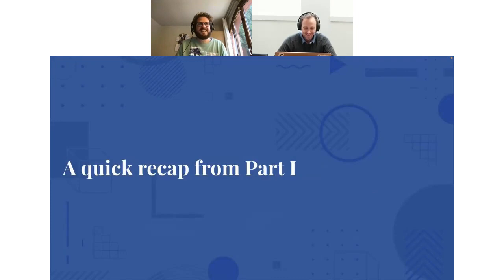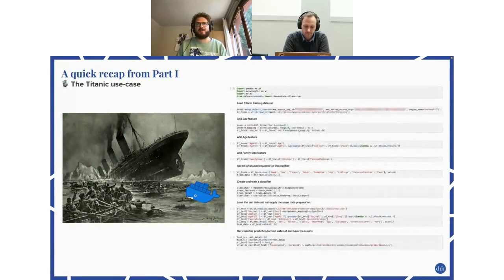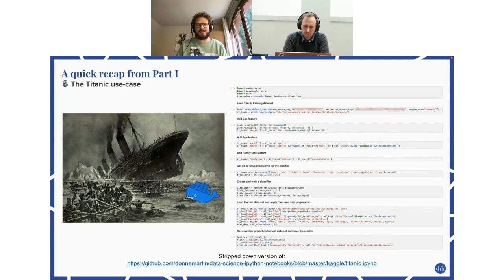Thanks, Chris. So I'm going to start with a quick recap from part one, because maybe not everyone was able to see it. So what we did in the first part, because we needed a use case to demonstrate how to go from a notebook to production in a container, we took a simple Titanic use case and we Dockerized it. So we started here on the right from a notebook, and I won't get into the details. You can rewatch the webinar, the first part if you want.